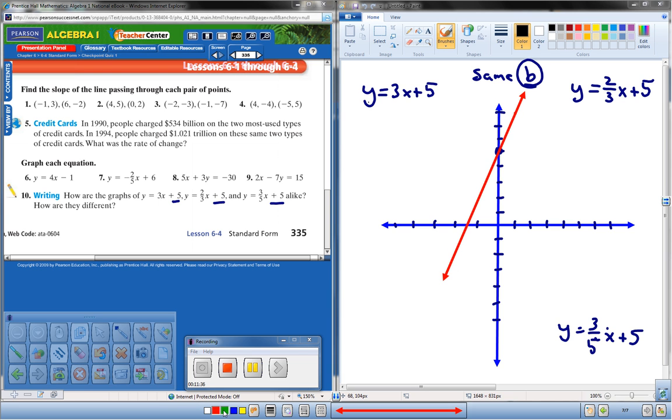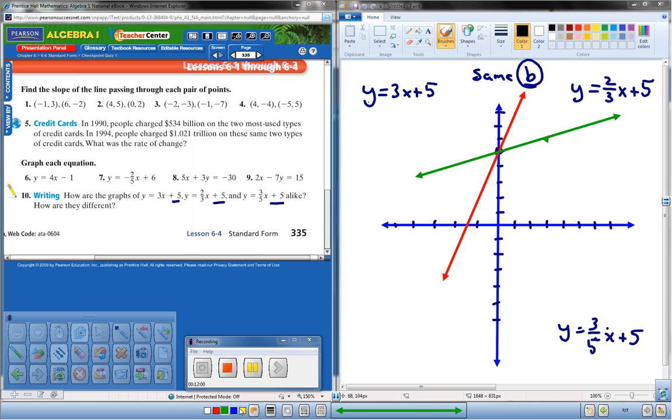The next line I'll do in green, Merry Christmas to you. That also starts at 5, but it has a slope of 2/3, which means to go up 2 and over 3. So that line's going to go through there. Ooh, that didn't turn out very well. That line's going to be there.